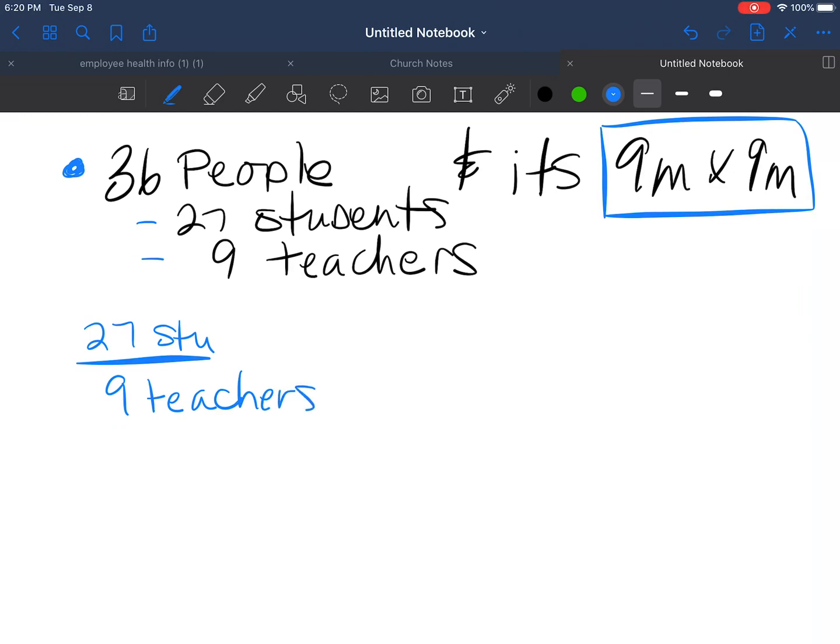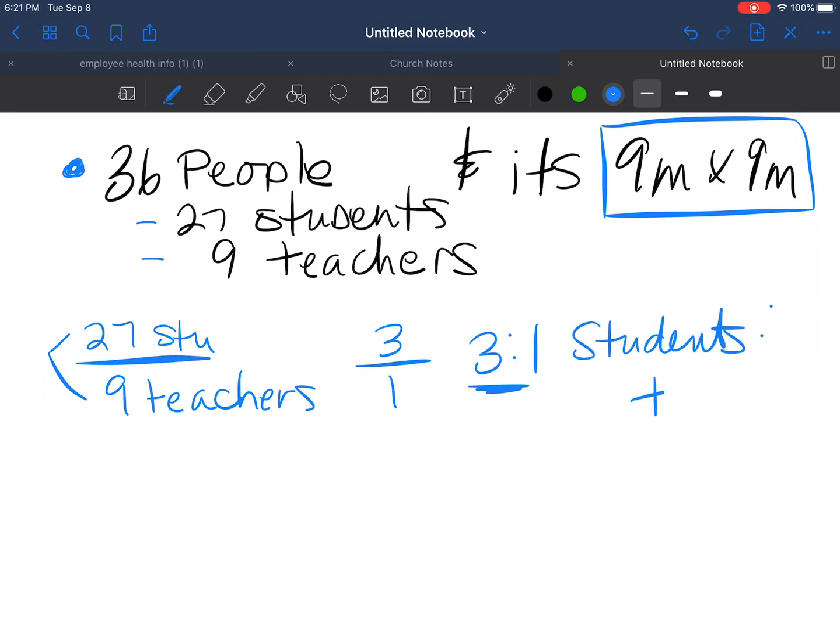Okay, see how this is 27 and 9, and that can be reduced. So we can reduce those, and our ratio ends up being 3 to 1. So the ratio is 3 to 1 of students to teachers.